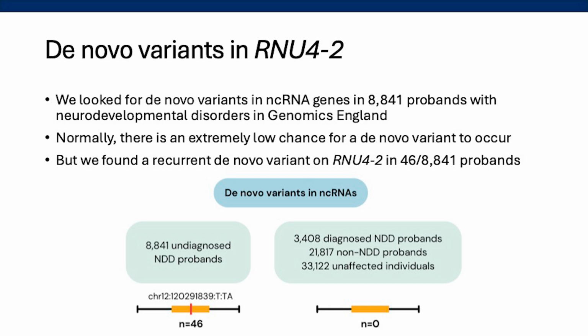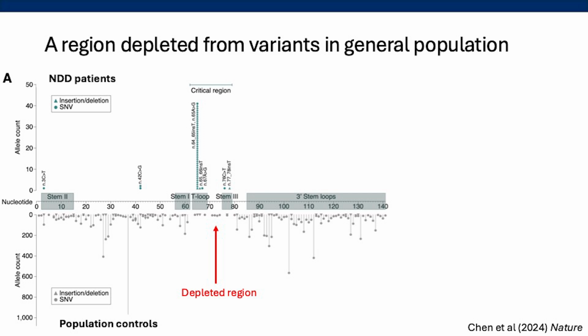Out of all the de novo variants in non-coding RNAs, we see on chromosome 12 this very recurrent mutation in NDD probands, but we don't see that same mutation in other participants, which includes probands with non-NDD phenotypes, probands with NDD who have received another genetic diagnosis through Genomics England, or unaffected individuals.